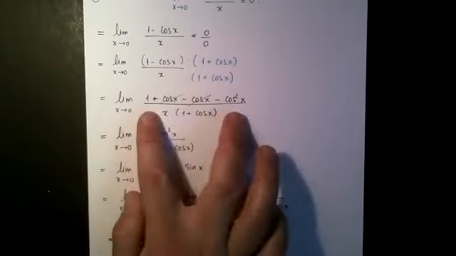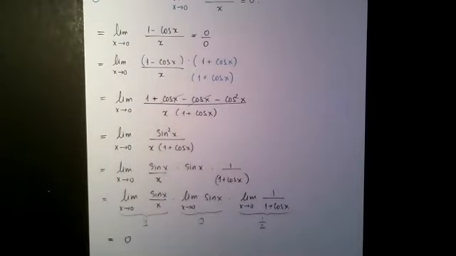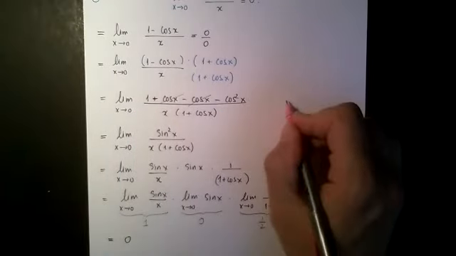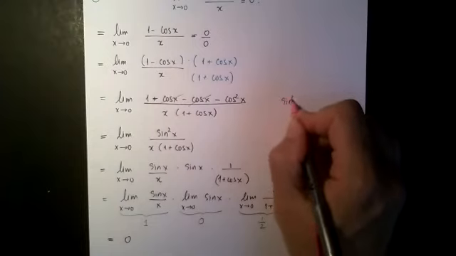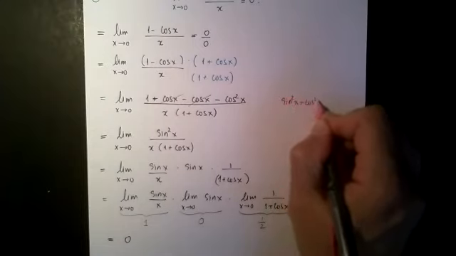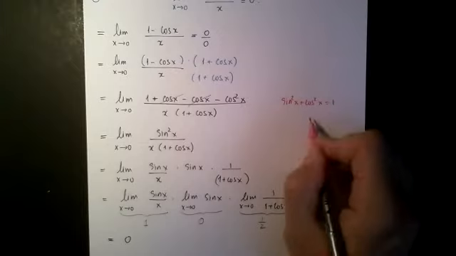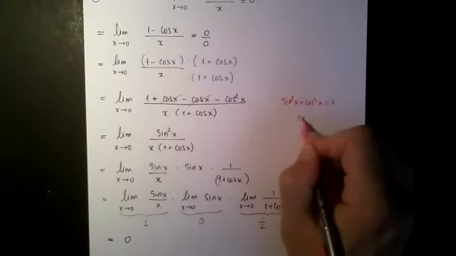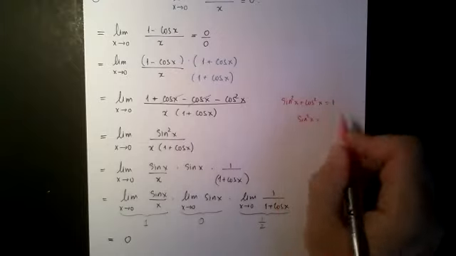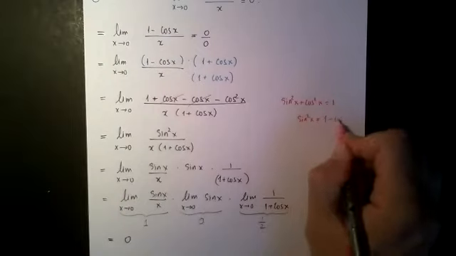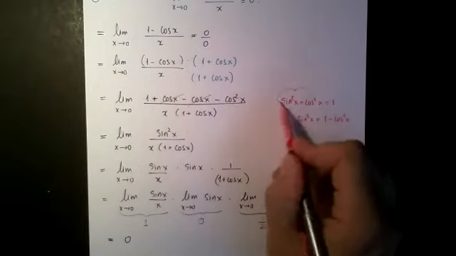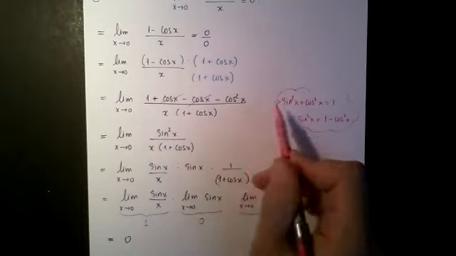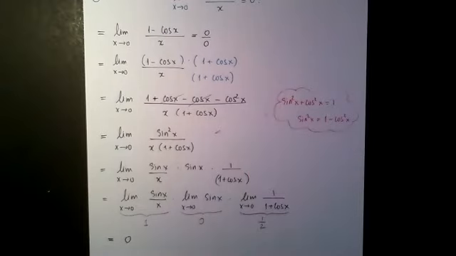Of course, this you have to know. I wrote it on the last page again. It comes from sine squared x plus cos squared x equals 1. And so sine squared x, if you send the cos squared x to the right side, is 1 minus cos squared x. Okay, thank you. That's where it came from.